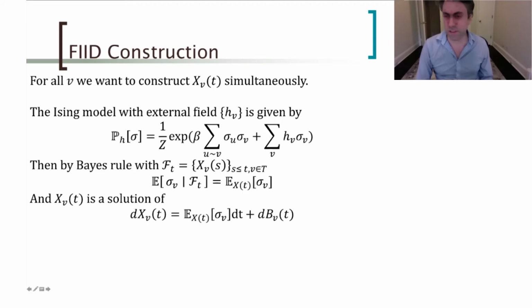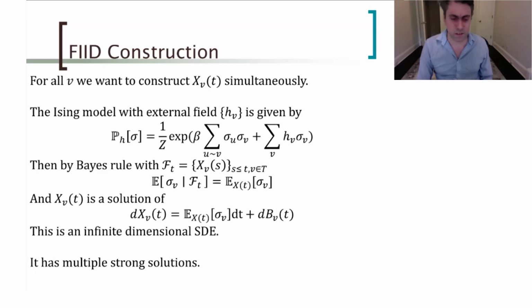But this is now an infinite dimensional SDE. Those are much harder to check whether solutions exist, and our system of SDEs doesn't seem to fit in any of the standard examples where there's existence and uniqueness.